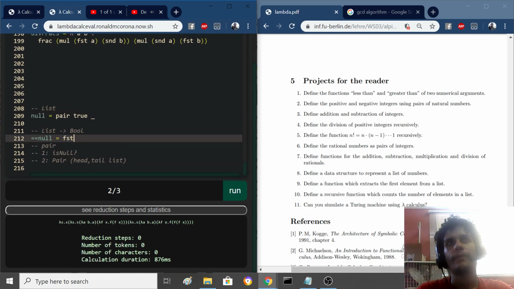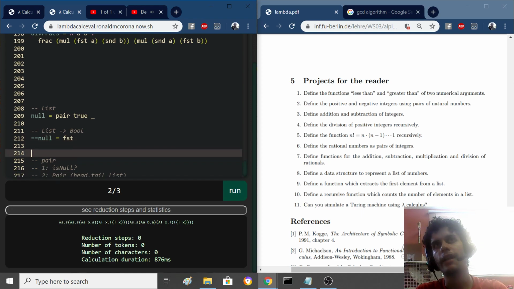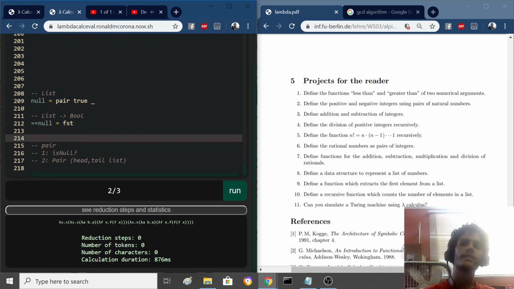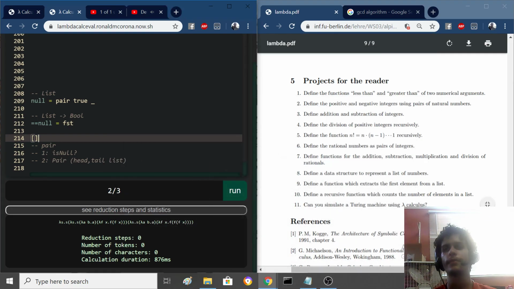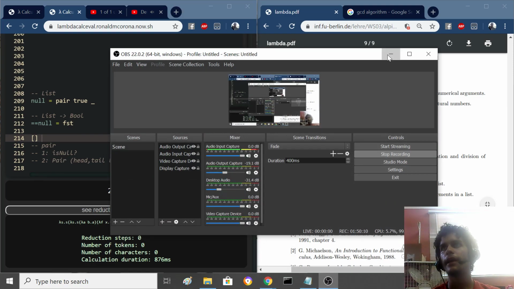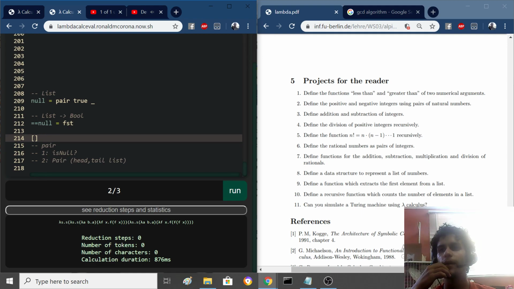Alright, but since we're talking about how the lists are going to work, I should make this function, which is appending, adding an element to the front of the list. How does it work? Oh, we're at 1 hour and 50 minutes. It's a function, and it takes as input an element and a list. It creates a pair.